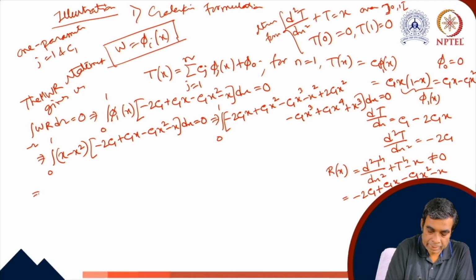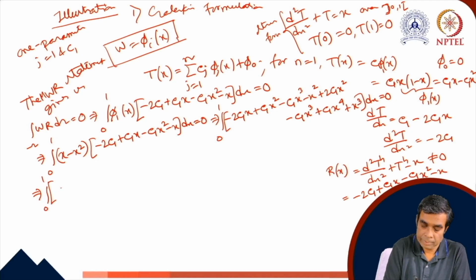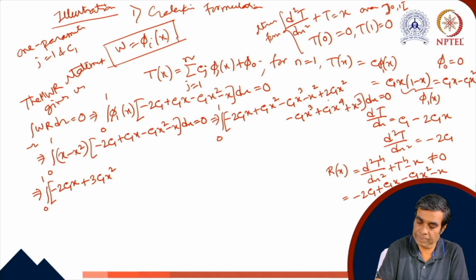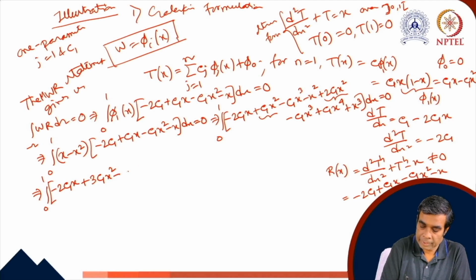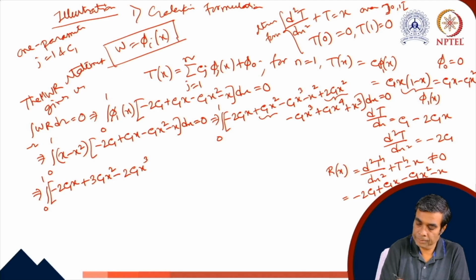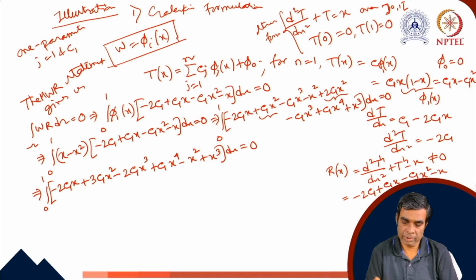So we can simplify this expression as integration 0 to 1 of minus 2C1x plus 3C1x square, since C1x square is present two times, minus 2C1x cube, plus C1x to the power 4 minus x square plus x cube dx equals 0.